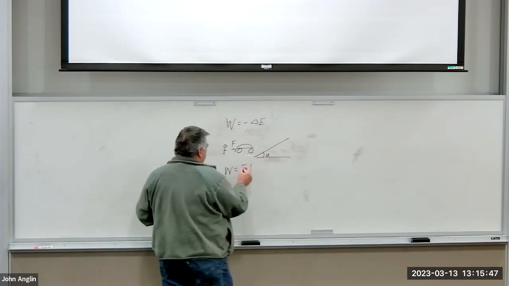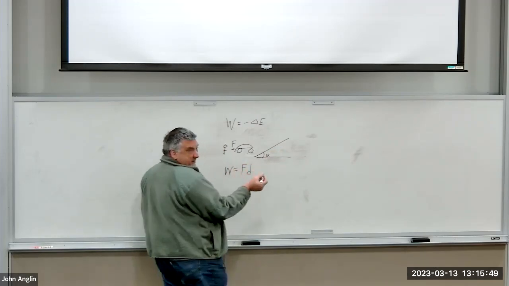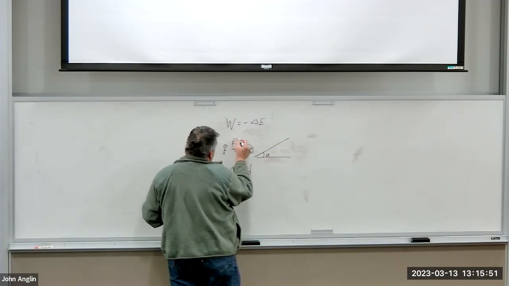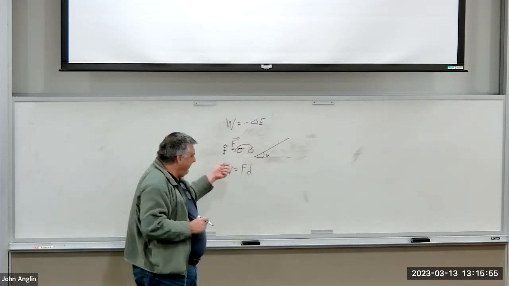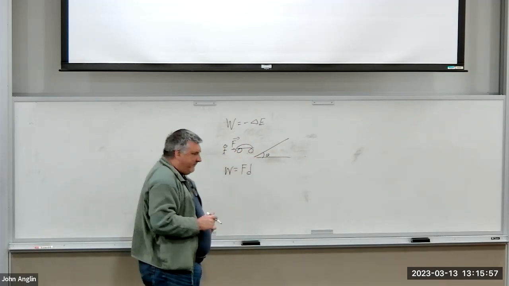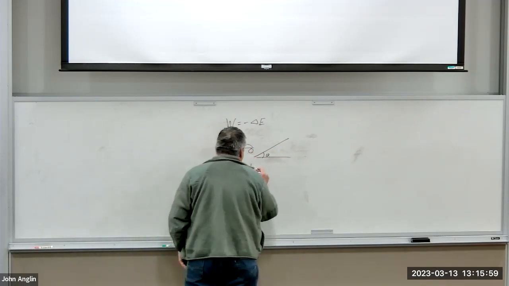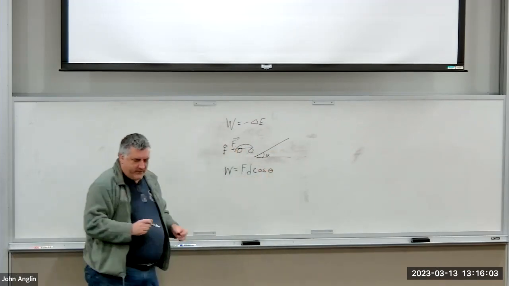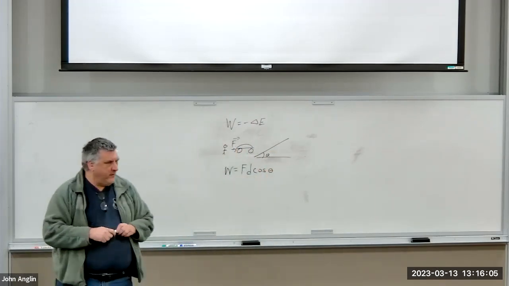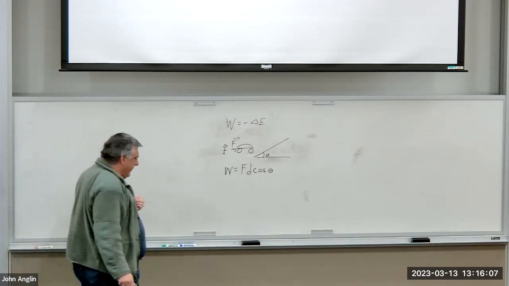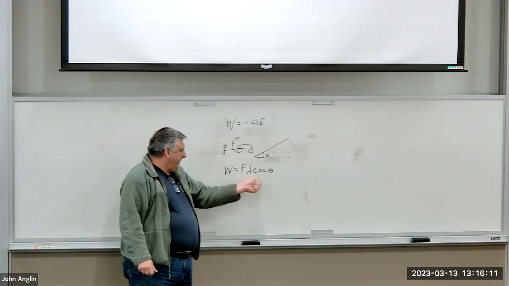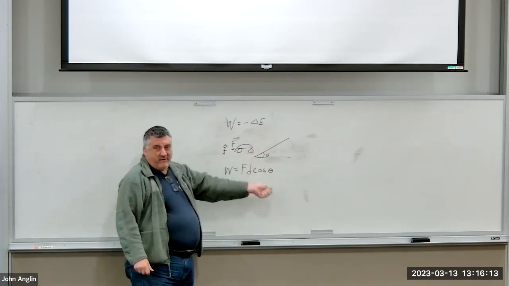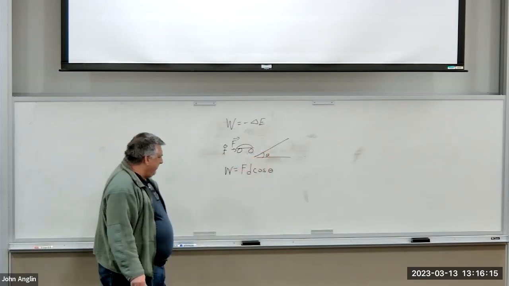Since the work depends on the distance and the force, it's got to be in the direction of the distance. So in our diagram here, the component of the force along the motion, if you remember, is just the cosine of that angle. So work is the force times the distance times the cosine of whatever angle you're trying to apply the work over.